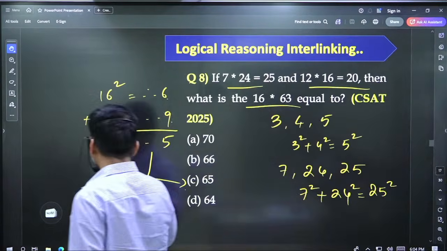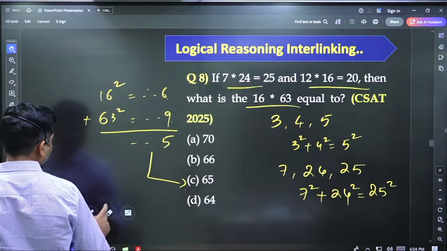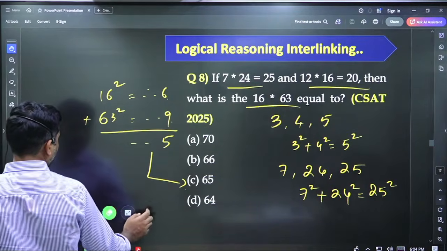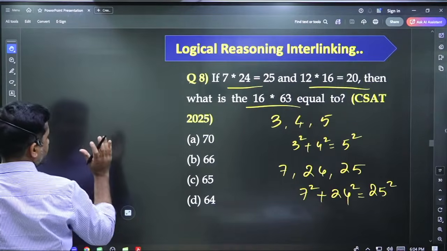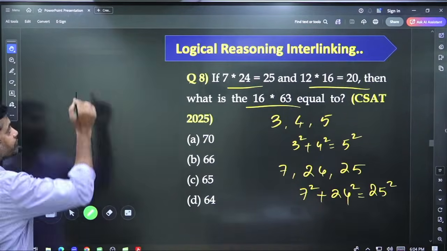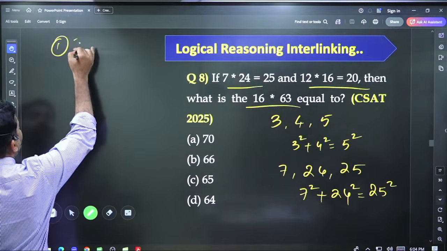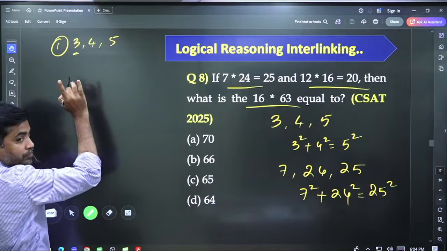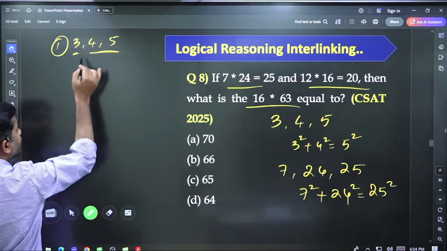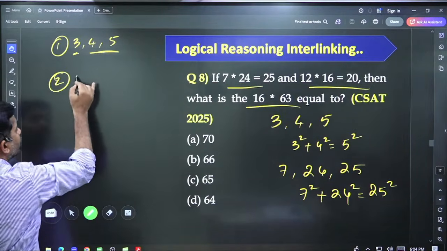How to recognize Pythagorean triplets? At least you should remember 5. They are very, very important. 3, 4, 5. What is 3 square? 9, which is 4 plus 5. 5, 12, 13.